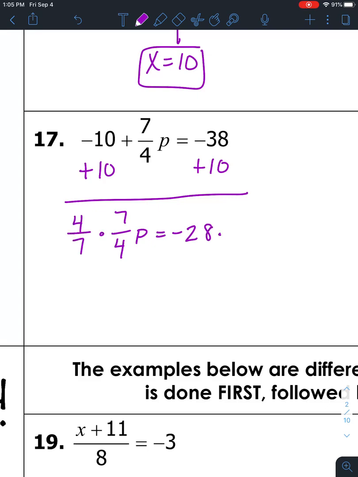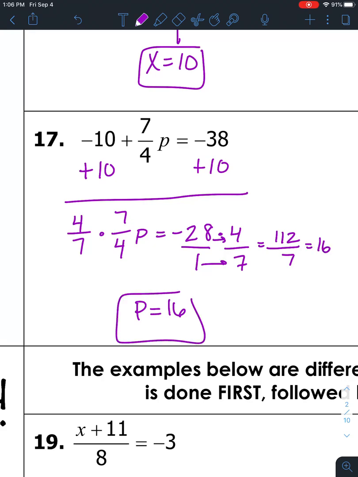Flip and multiply, so I'm going to multiply by 4/7. Once again, multiply straight across. 28 times 4 is going to give me 112/7. 112/7 gives me 16. So P equals 16.